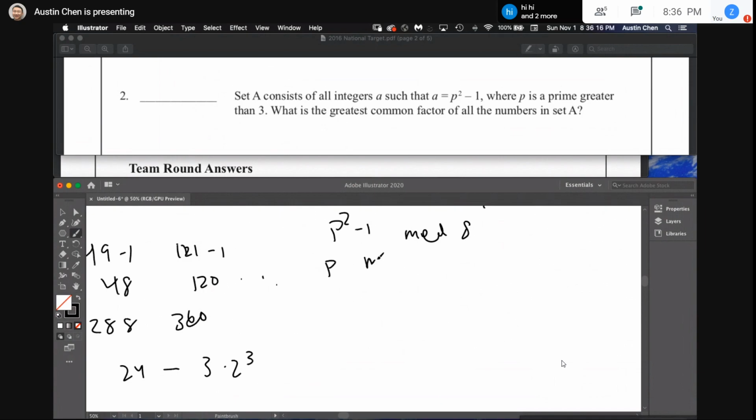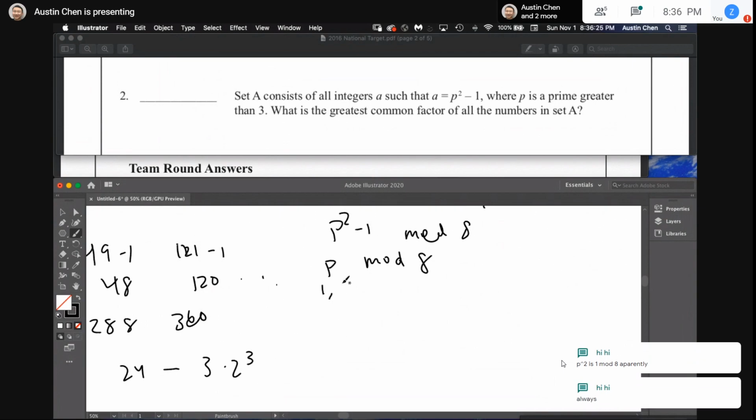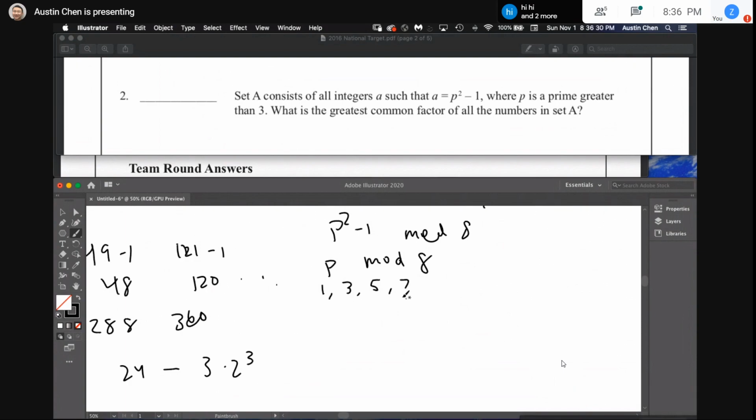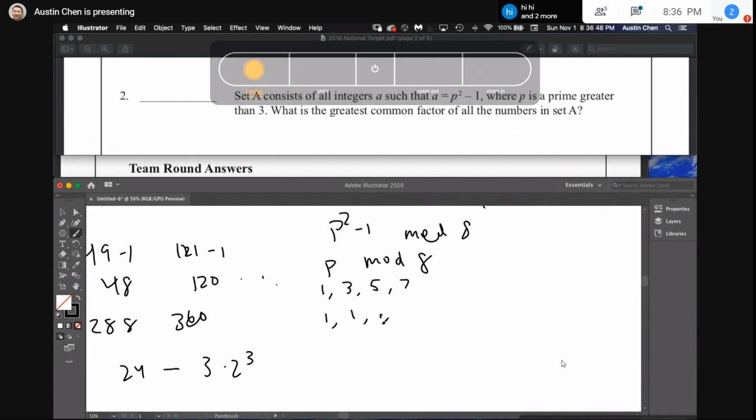So we should look at p mod 8. Okay, so p has to be prime, right? So p has to be 1, 3, 5, or 7 mod 8 because it cannot be the even numbers. Then we look at these numbers squared. 1 squared is 1 mod 8. 3 squared is 9, which is 1 mod 8. 5 squared is 25, which is 1 mod 8.